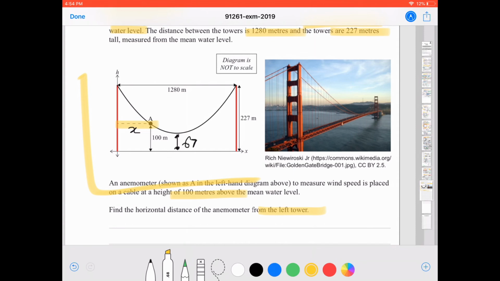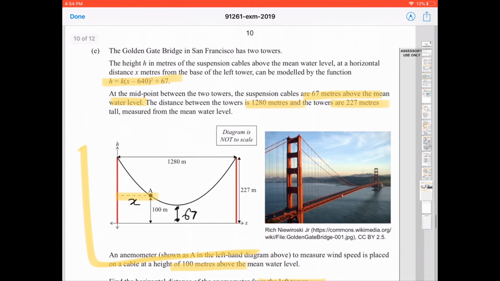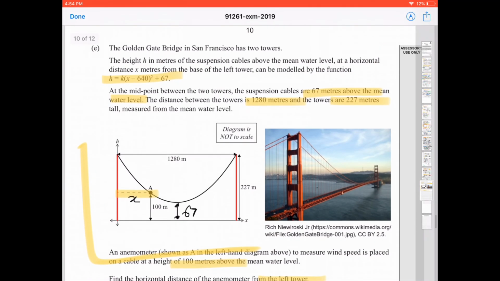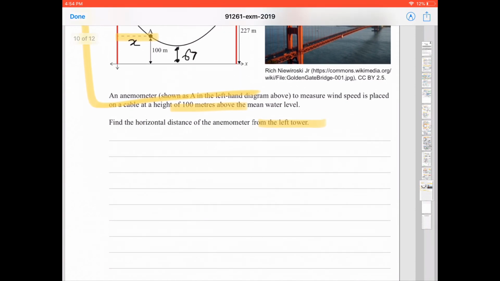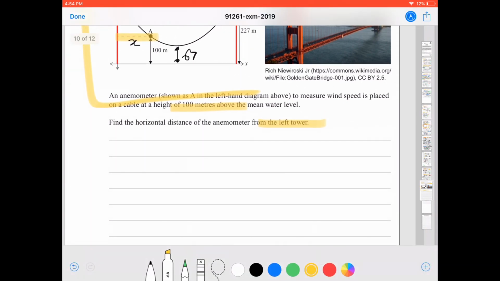Okay, so what is our equation? Let's just work with that. Our equation is h equals k times (x minus 640) all squared plus 67.